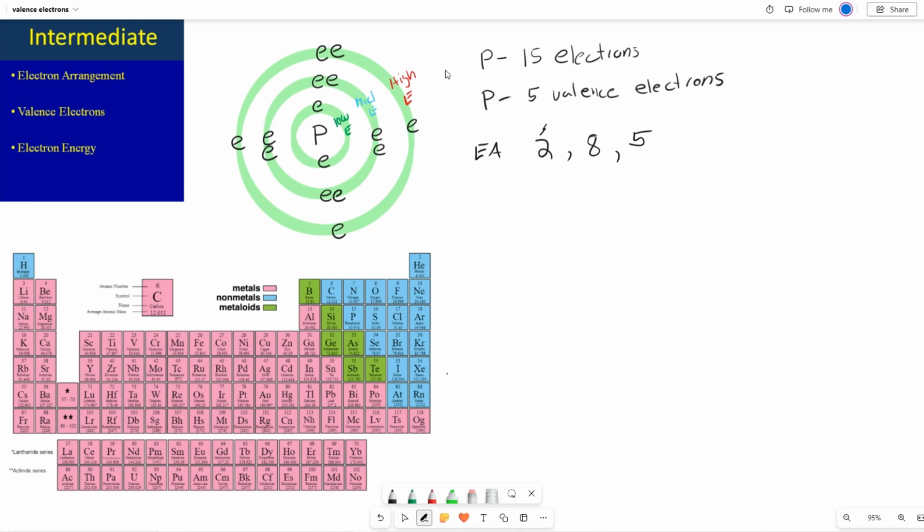So remember, this is the first shell, this is the second shell electrons, this is the third shell electrons. These electrons here are low energy.